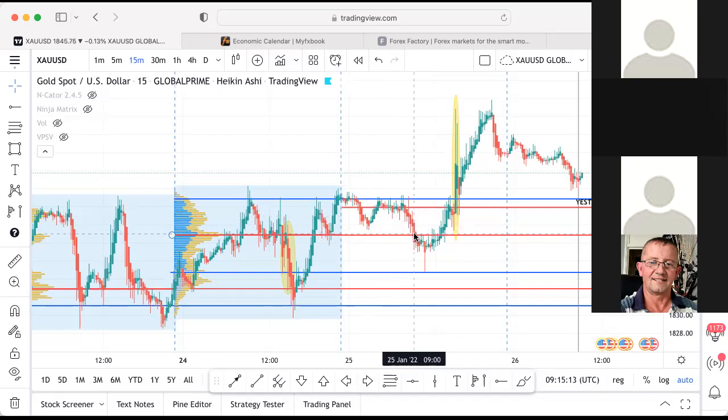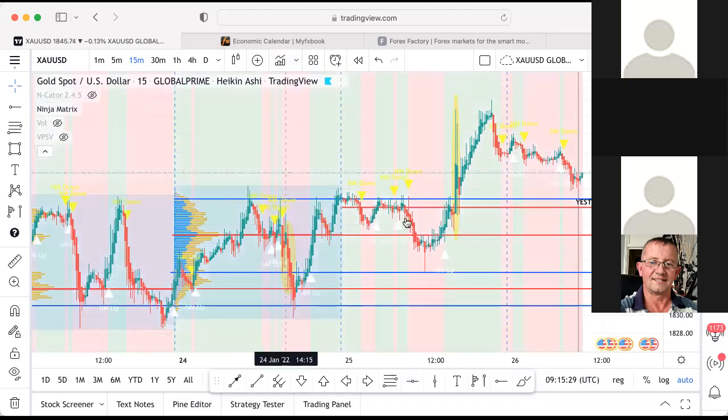There was a good trade there. And then if you followed it, it went all the way down to the value area low. It's amazing how it respects those lines. Let's just put the Ninja Matrix on. So yes, we had a Ninja Matrix down and it stayed red all the way.